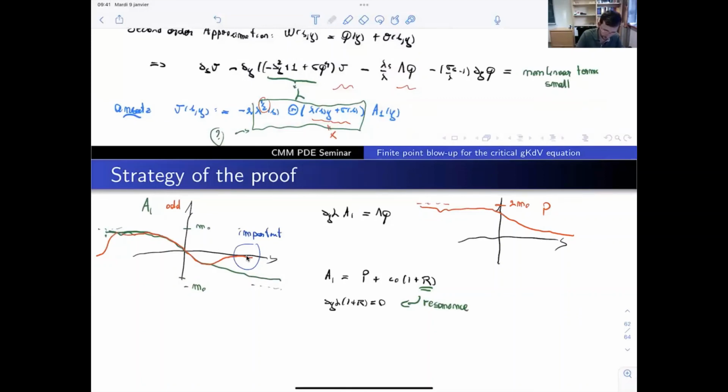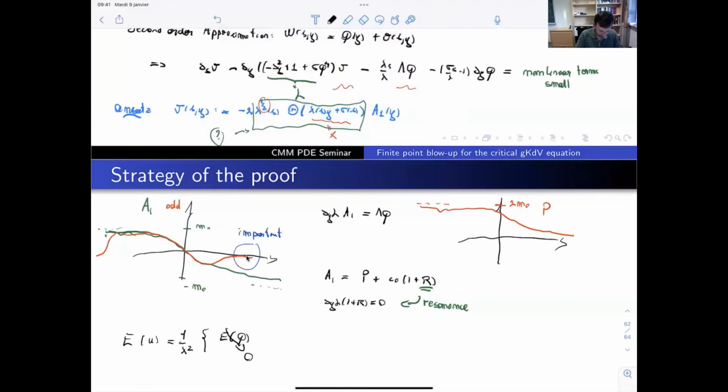I will not do it, but I will just write it: you have to write the energy of your solution, and by the scaling invariance, you have this 1 over lambda 2, and then you would have the energy of Q, but since we are critical, this is 0, so it's not a problem.